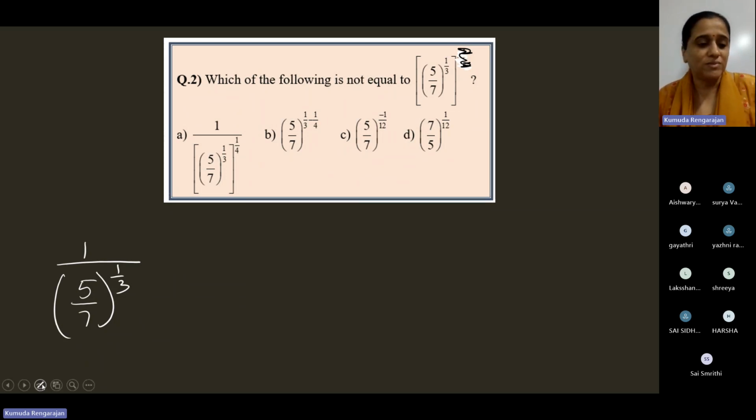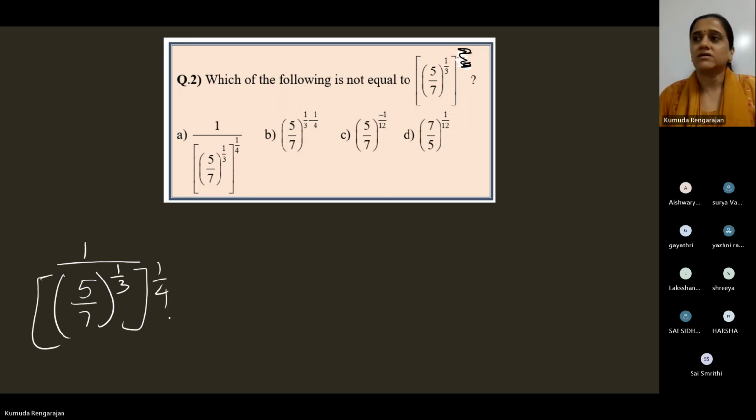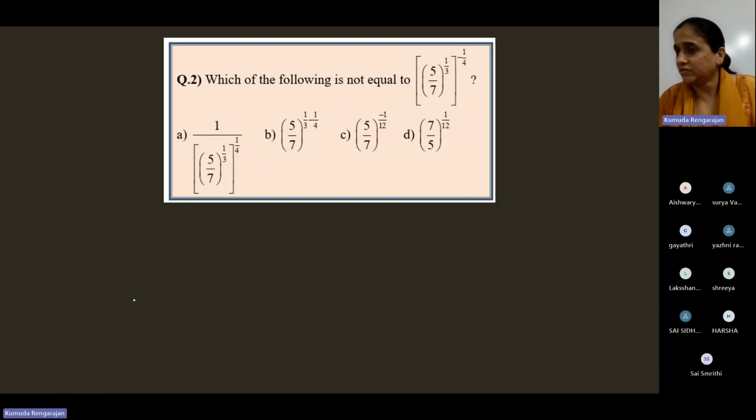So here it should be written as plus 1 by 4. That means these two expressions are equal because you have applied both the changes. So option A is equal to the given expression. Then option B is not equal to the given expression.